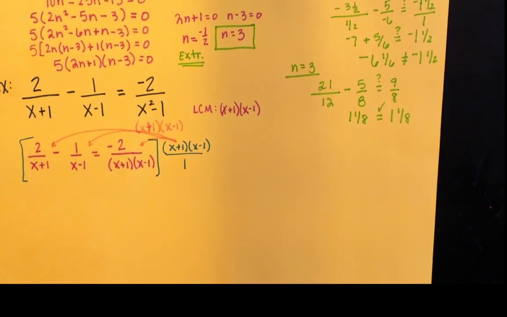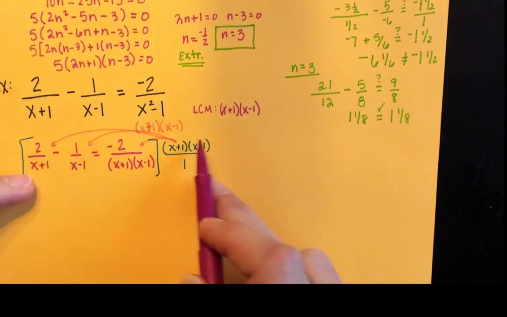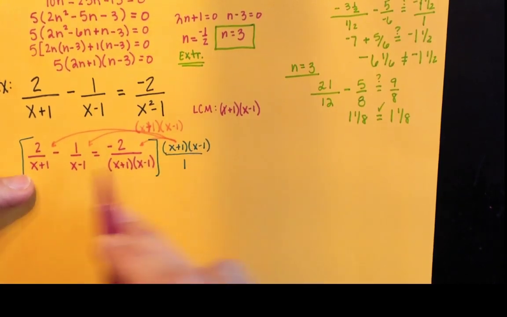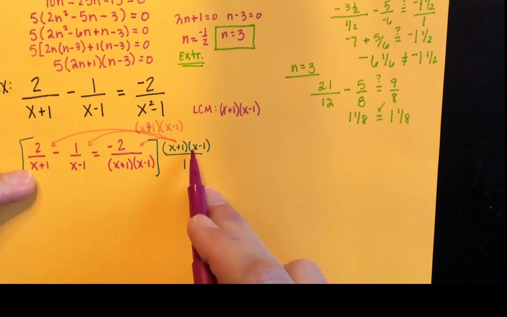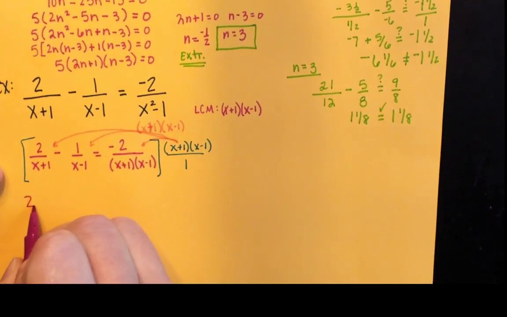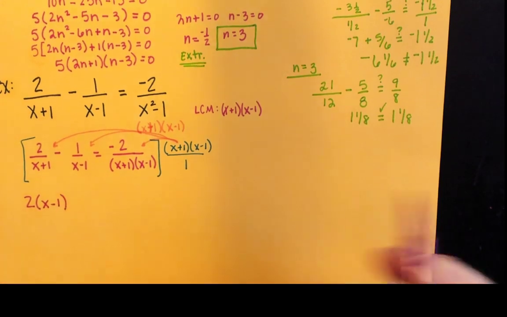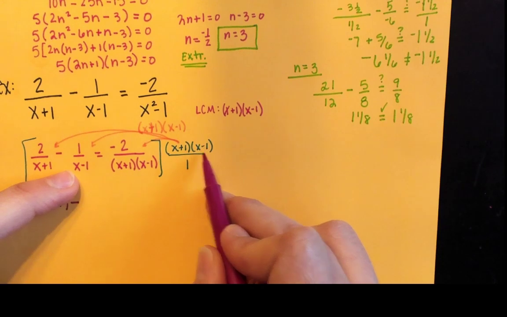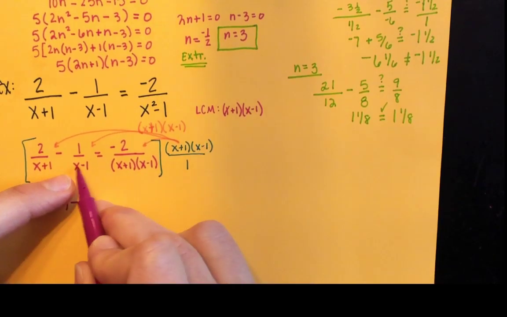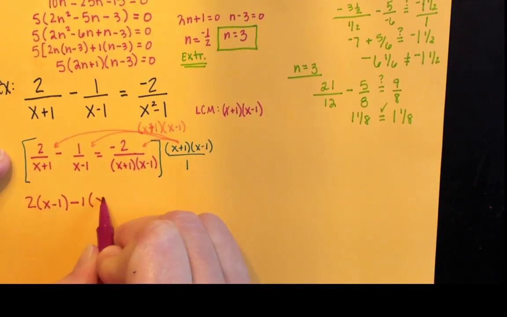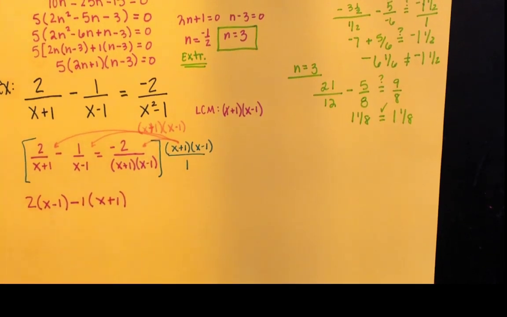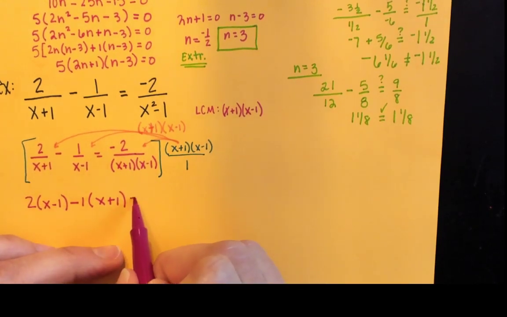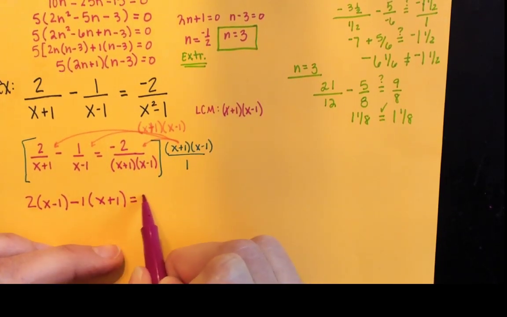I am simply going to state that if this one is multiplied by our LCM, the x plus 1s are going to cancel, and it leaves us with 2 times x minus 1. This minus 1 over x minus 1, the x minus 1s are going to cancel, so I'm left with x plus 1. And then in this last one, they all cancel, and I'm left with negative 2.